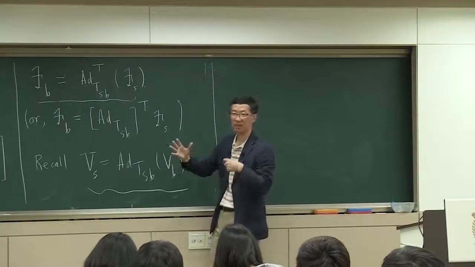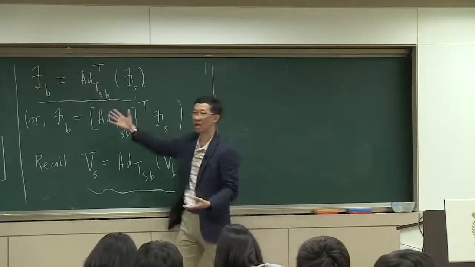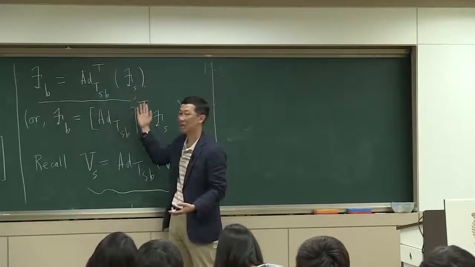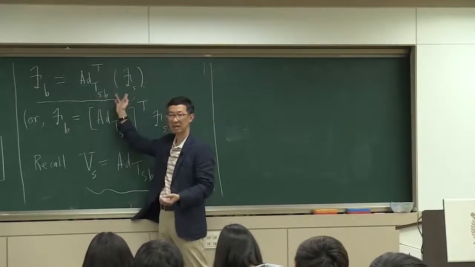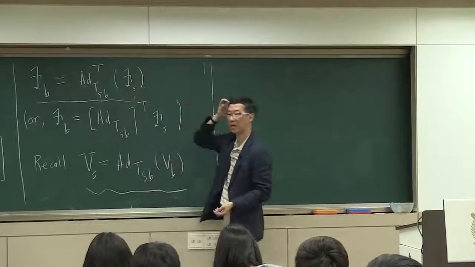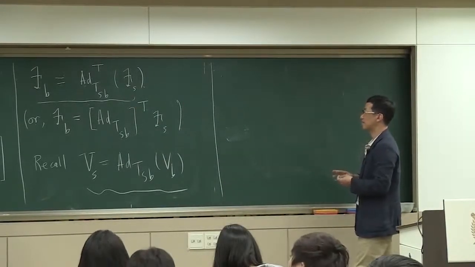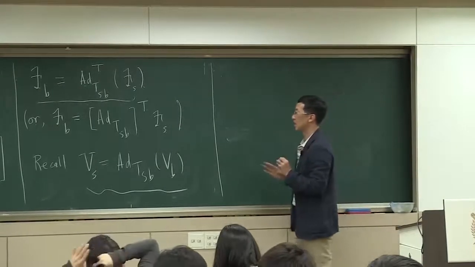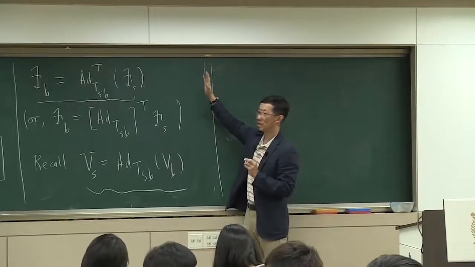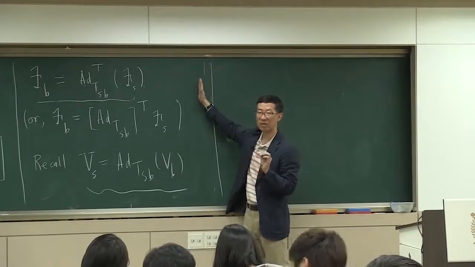You can express that force with respect to frame A or with respect to frame B. The relation is given by this, where S is replaced by A. So here's the transformation rule for spatial forces.